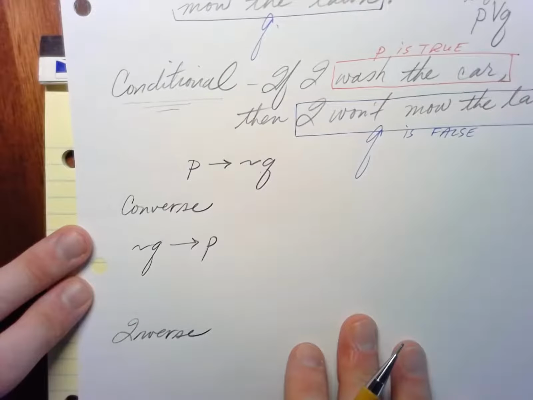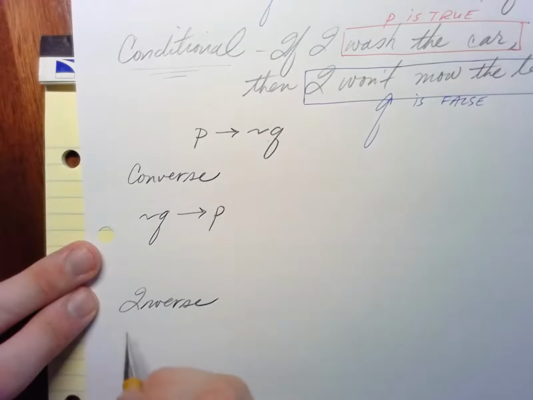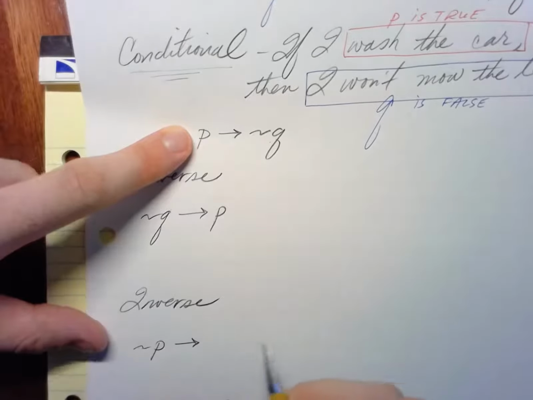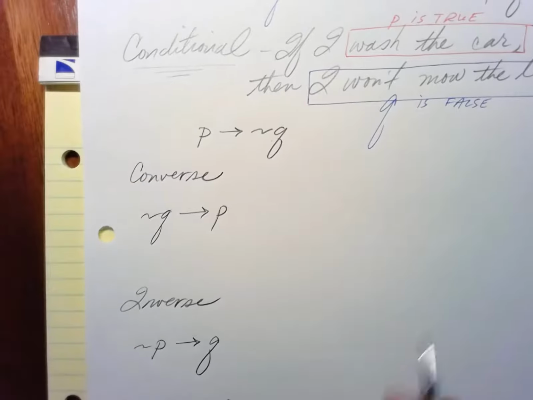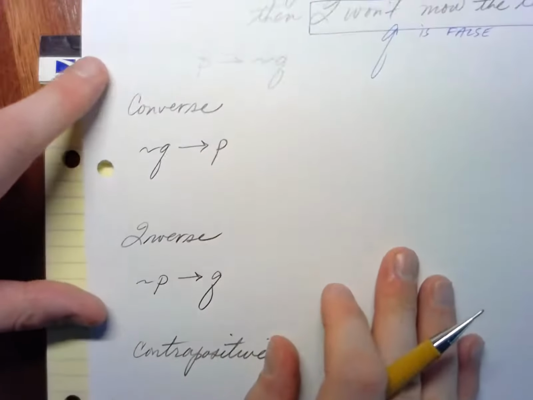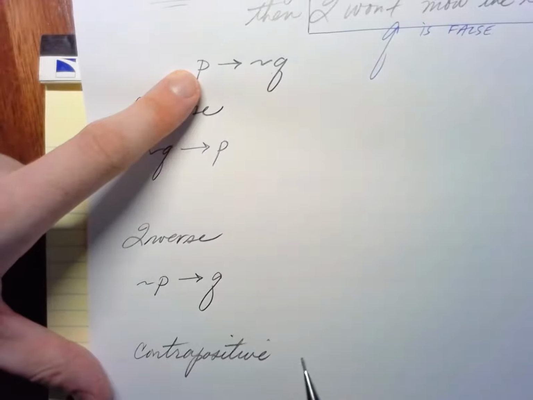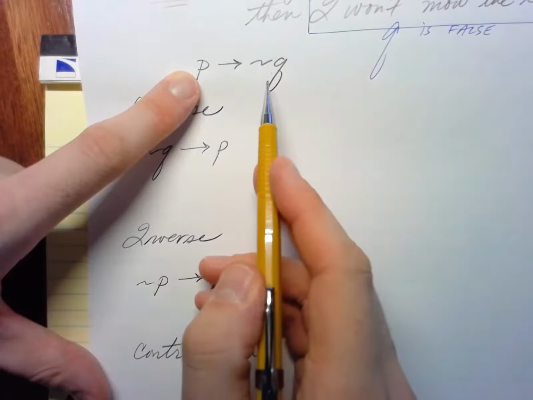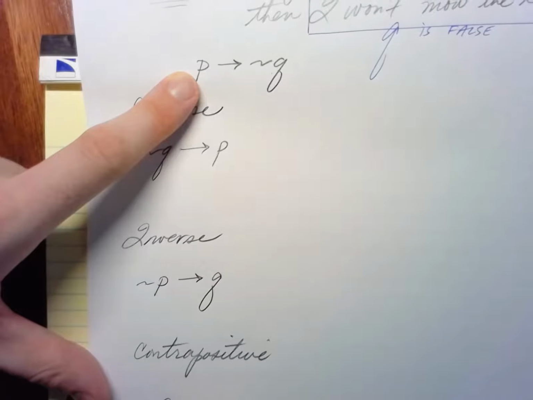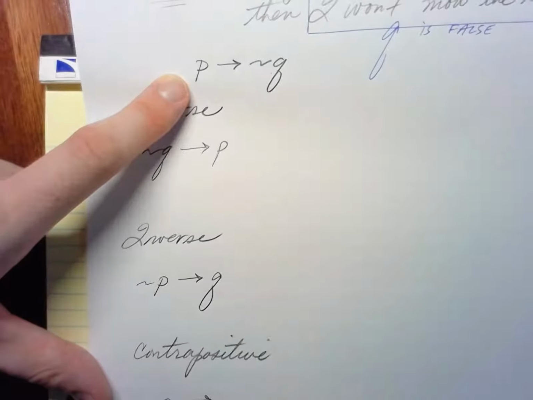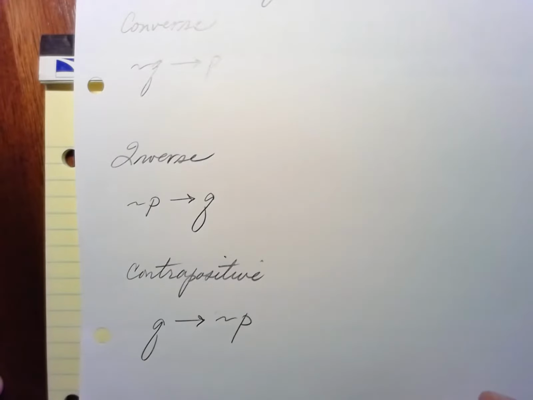Not Q implies P. The inverse is where we negate both. So my P becomes a not P, and my not Q becomes a Q. And here, for the contrapositive, remember that I need to flip and negate. So the not Q comes up front and it gets negated, so it's just a Q. And the P goes to the end, then it does become negated. Okay? So that's what that would look like.